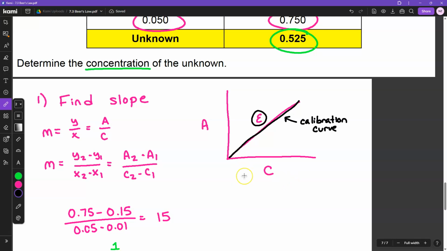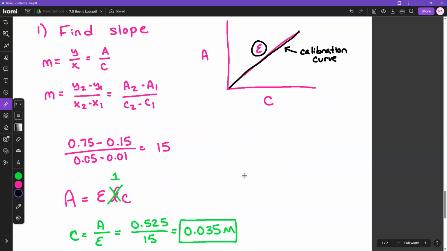Once we have our epsilon, or our slope, I can pick an unknown concentration, and I can measure its absorbance in the lab, and then using my epsilon value, it will tell me what the concentration is. So I don't need to know what the concentration is, I can just measure how much light passes through it, and it will tell me the concentration. So that's what Beer's law does.